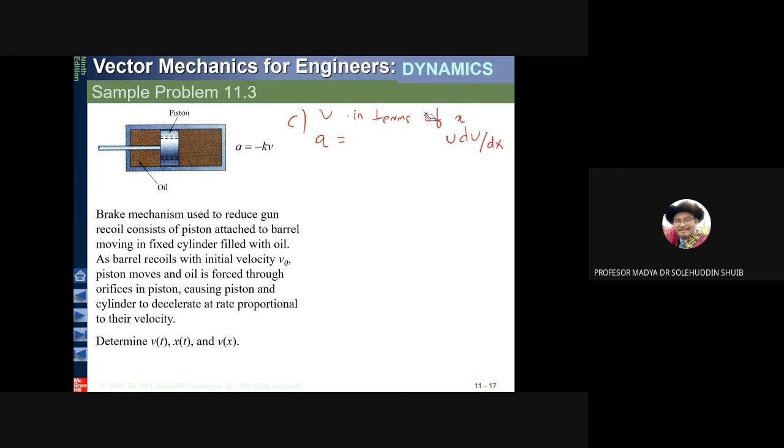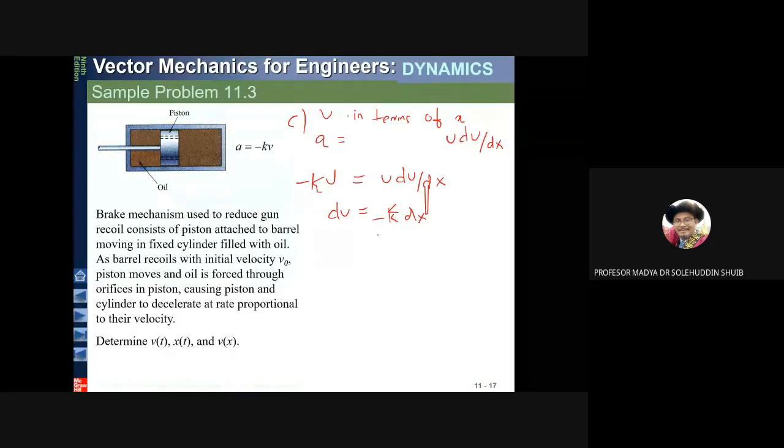So you put everything together. We're going to get minus kv equal to v dv/dx. So you take dv equal to minus k dx.